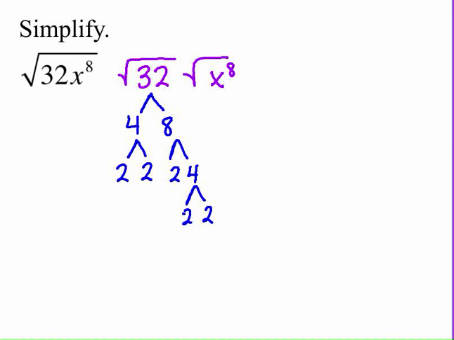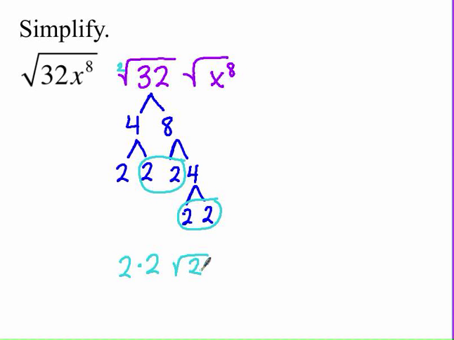So now I am looking for pairs. Why am I looking for pairs of numbers? Because it's a square root and there's a 2 out here, remember that's implied. So I'm looking for pairs, and here I see a pair of 2's. That means I'm going to take out a 2. I see another pair of 2's, so I take out another 2. However, I don't have another pair of 2's, so this 2 stays inside.